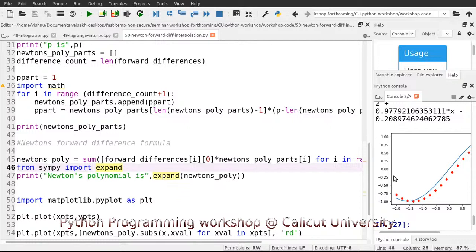So forward difference, backward difference, all these are used when the points are equally spaced. When you don't have equally spaced points, you need to use the divided difference formula.